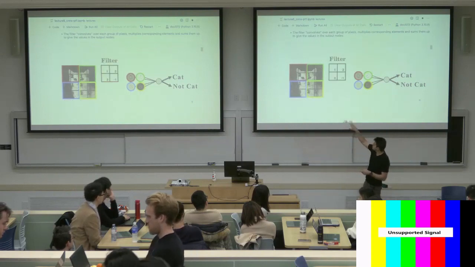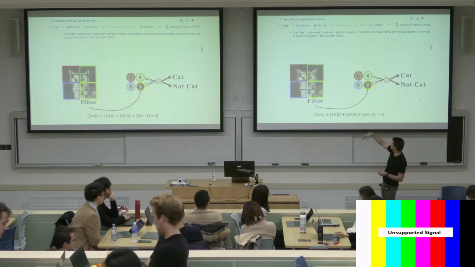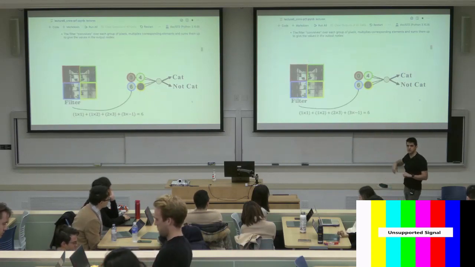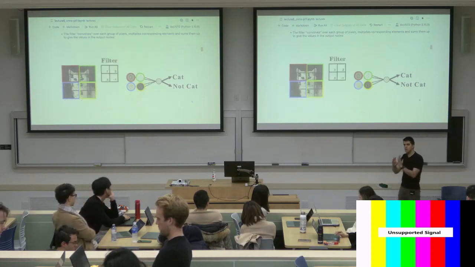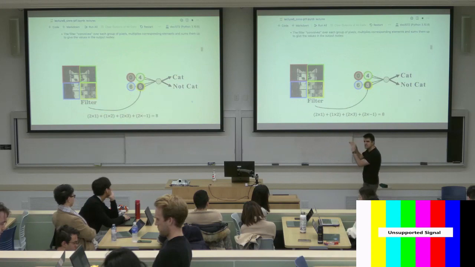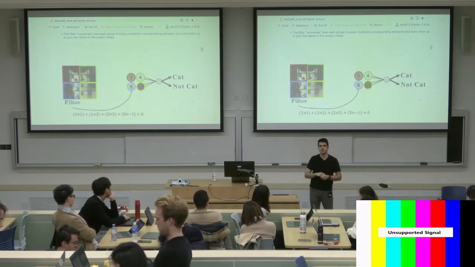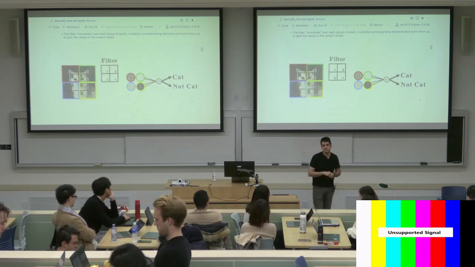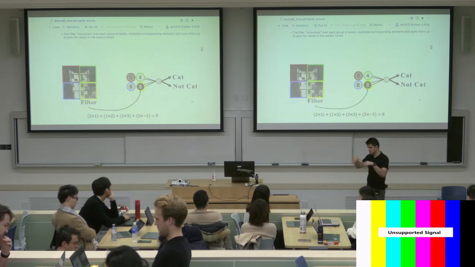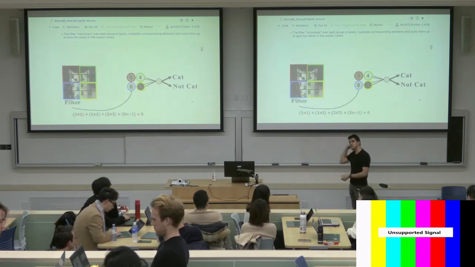It takes this group of pixels, transforms it into something else, takes that group of pixels, transforms it into something else, and so on for all of the pixels in that image. So what we'll end up with is a new image that's created by applying that transformation. We take the input image, apply some filters in the beginning with some random weights, and then we generate a new image out of that.